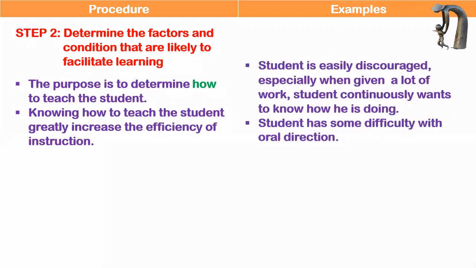For example, a student is easily discouraged, especially when given a lot of work. Like a student continuously wants to know how he is doing. So the teacher must understand the student has some difficulty with oral direction. Teacher must understand how to cater to those needs, how to teach those students with those needs, which is very, very important.